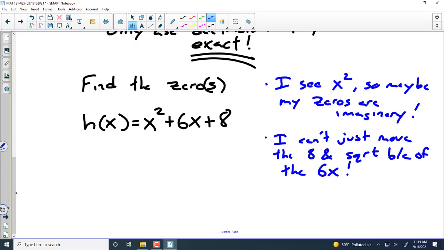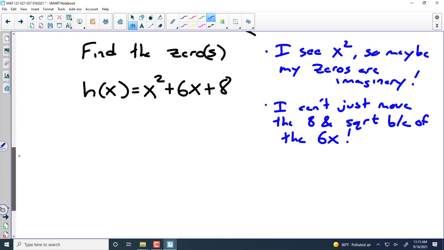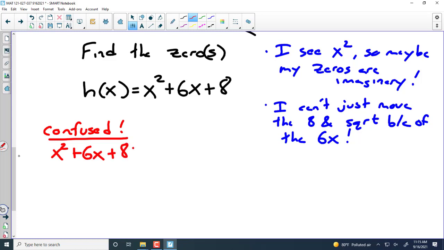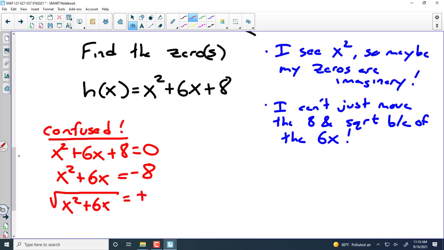So what happens is, when you see this problem, the unfortunate confused student does this. They set the whole thing equal to 0. They subtract the 8 from both sides. And then they think that they're allowed to apply the square root property.